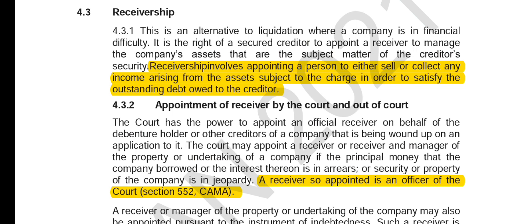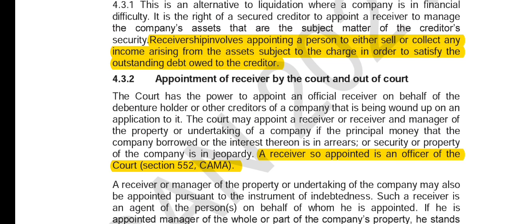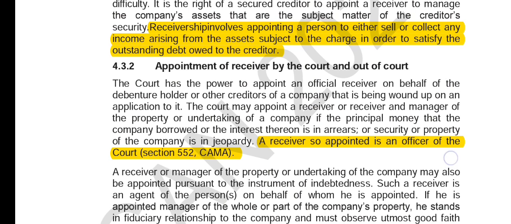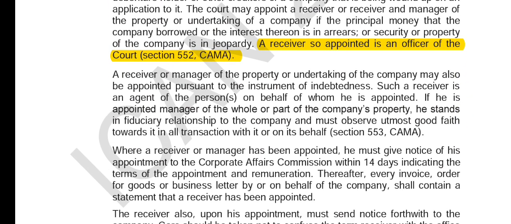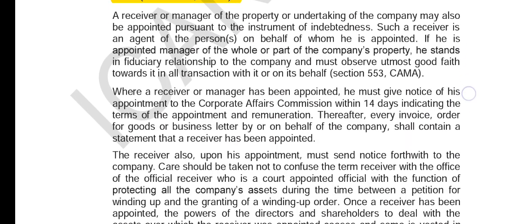We must understand something, that this question always pops up in the business law multi-choice questions, and that's why I highlighted it here. So we should understand that a receiver so appointed is an officer of the court. They are officers of the court, so we must know that one very well.